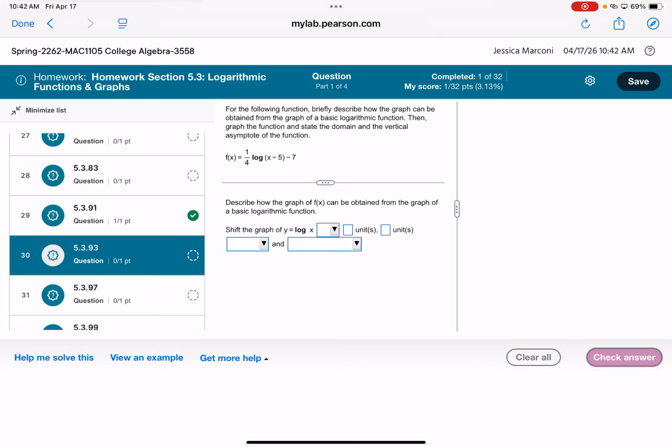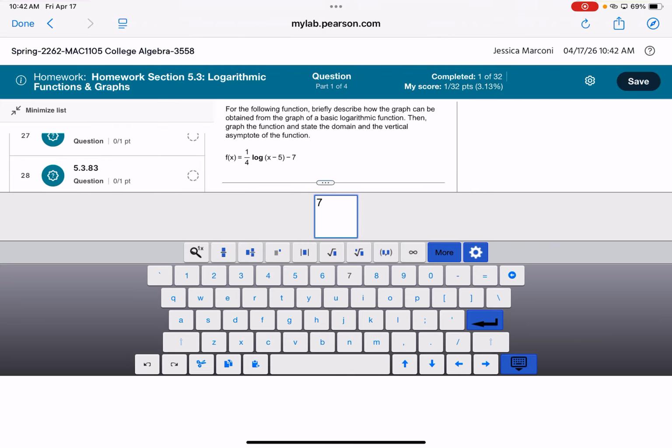So it says shift the graph of y equals log of x, which again is the same thing as log base 10. And it's saying down or up, so which one would that be? Down, because of the minus 7. That's what's being subtracted on the outside.